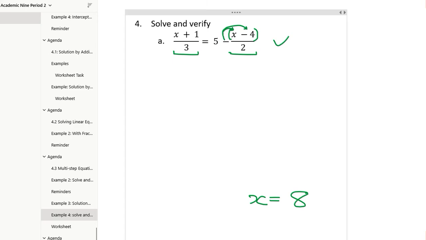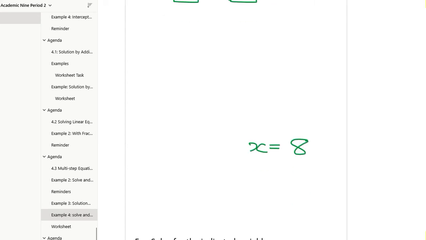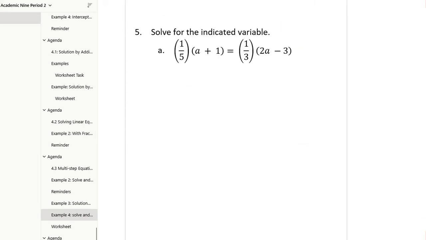And if you put that back in your question, you should see that the left side is equal to the right side. On this other part here, which is for number 3a, we have a's and we have to solve for a.